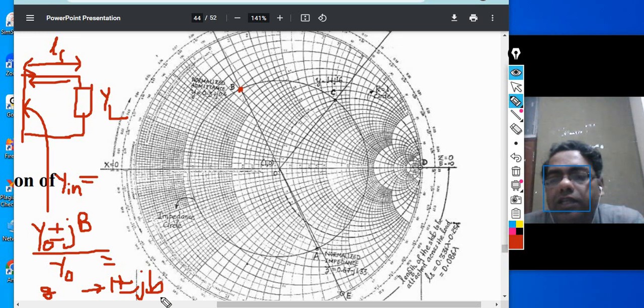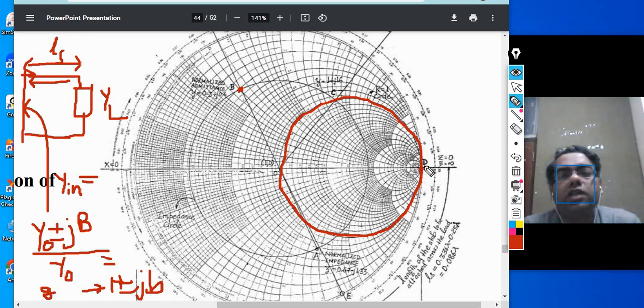So g should be 1. So g equal to 1 circle is this, which is passing through the center. This circle that you can see, this is the g equal to 1 circle.